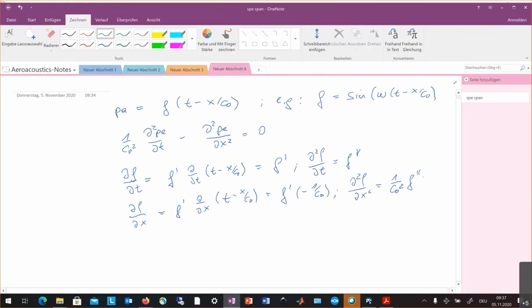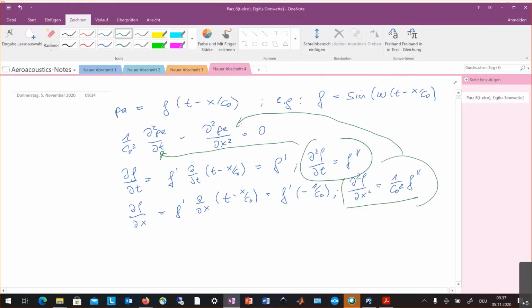When we now take this result here and put it in here, and we take this result here and put it in here, you see that you fulfill your partial differential equation.